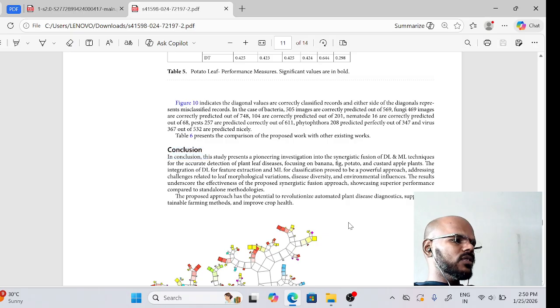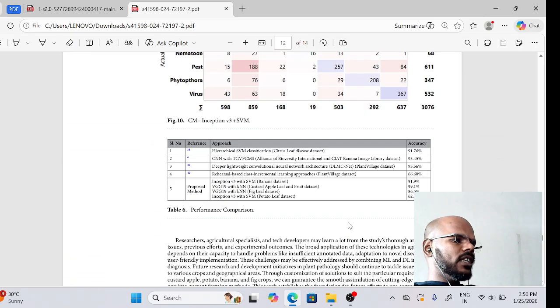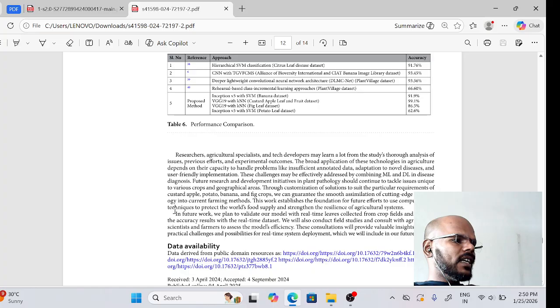You go to the conclusion and try to search for the future scope of this paper. Now you see here: in future work we plan to validate our model on real time leaves collected from the crop fields and tabulate the accuracy results with real time data sets.